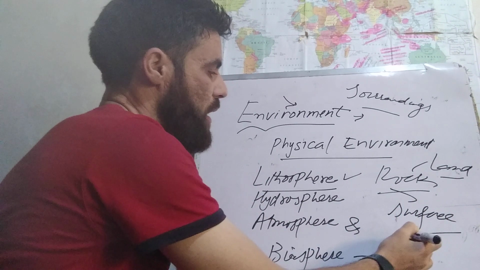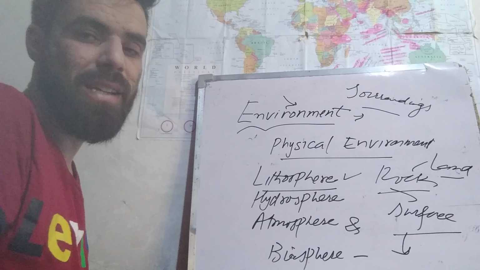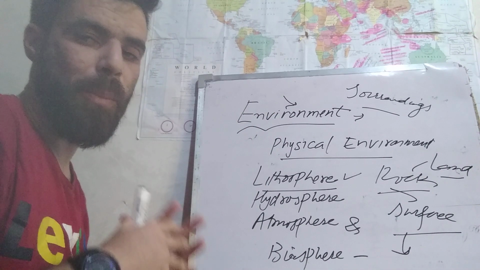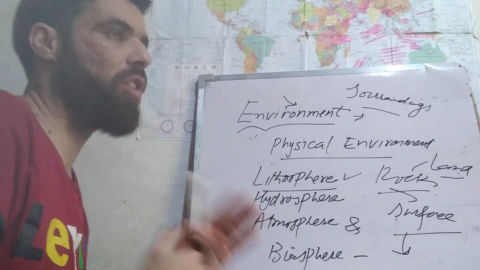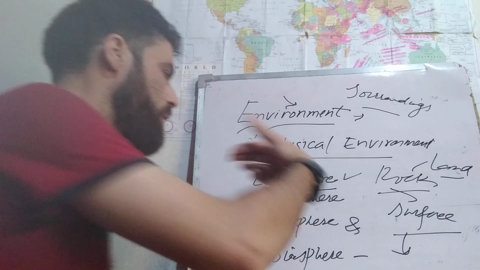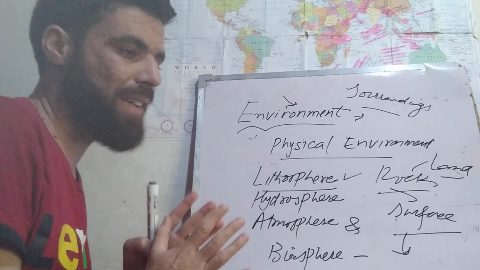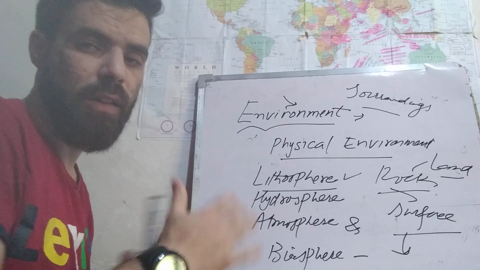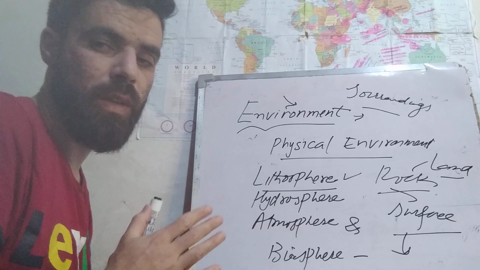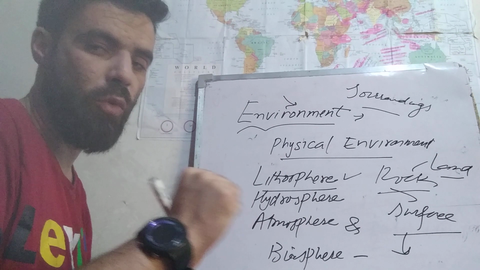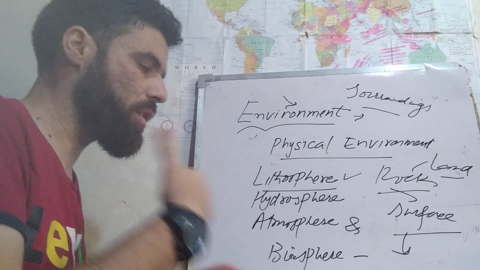So we can say lithosphere is the land surface. Whenever we talk about land, it's not only soil that's part of lithosphere. Apart from that, we have mountains and plateaus. These are also part of the lithosphere.